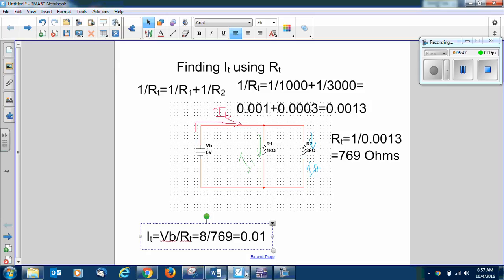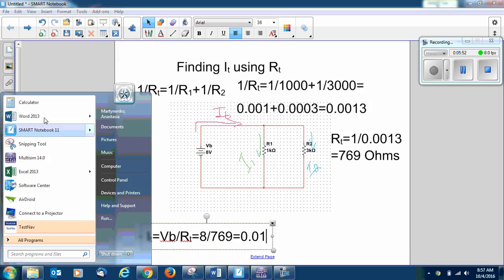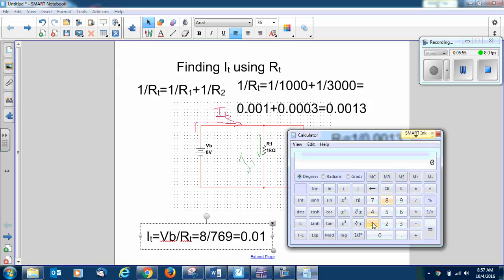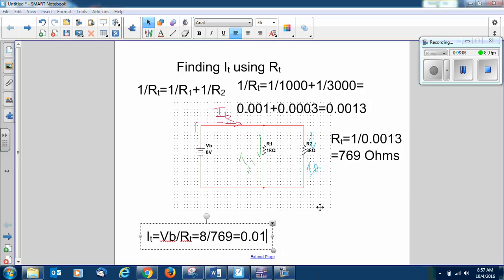Well, I think I had like 104 in there. Let's do this again. 0.0104, since we want 3 significant figures. Okay. And I'm going to convert this into milliamps, and that is, of course, going to be 10.4 milliamps.